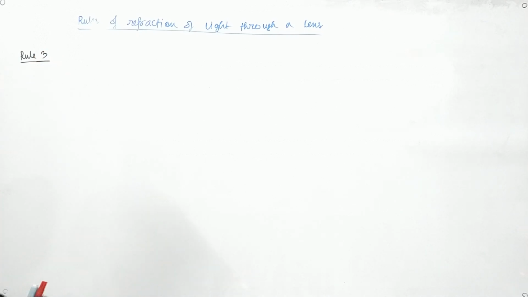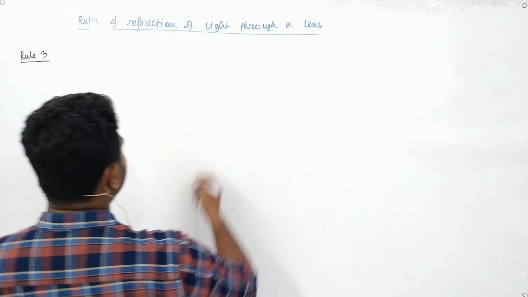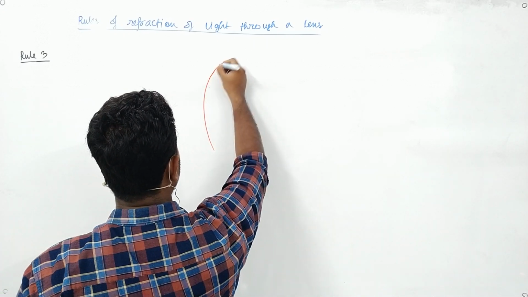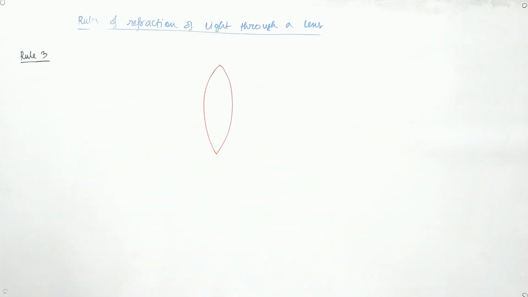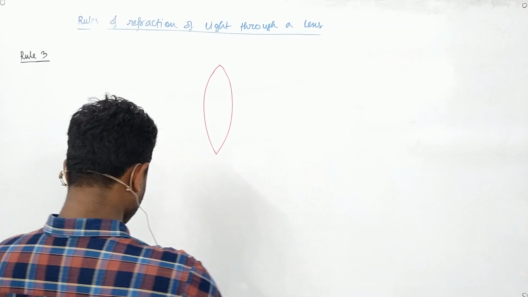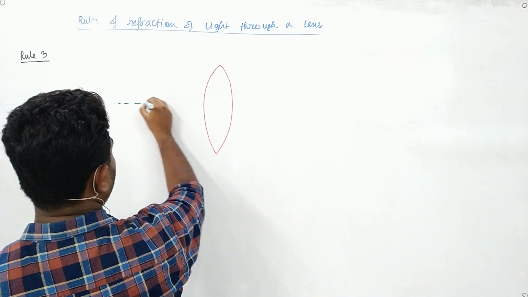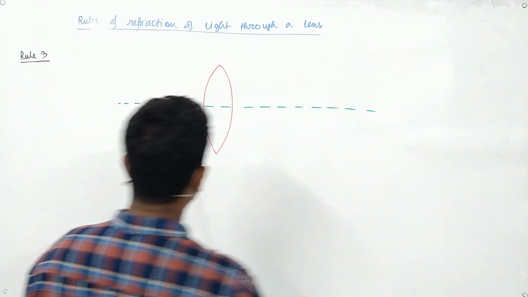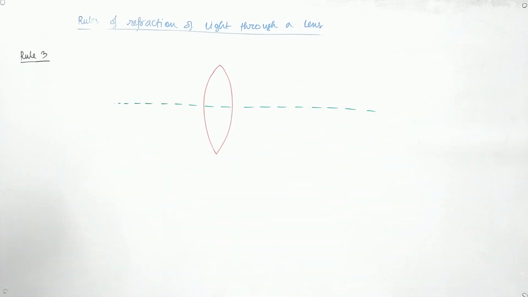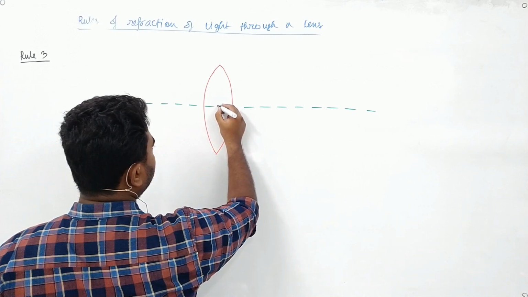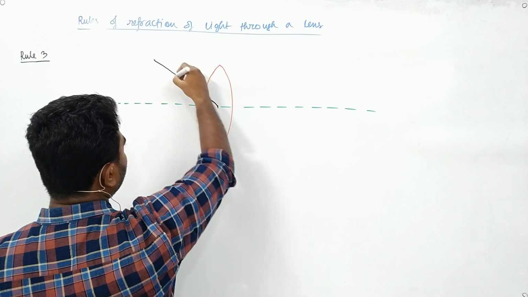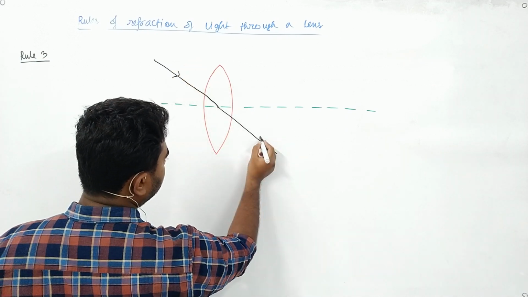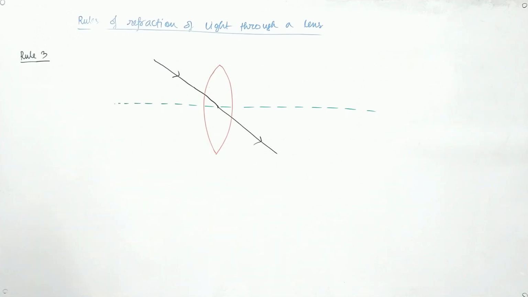Rule number 3. Rule 3 states that suppose you have a convex lens. Okay, now what happens is that suppose you pass any ray directed towards the optical center, the ray of light will pass out undeviated.